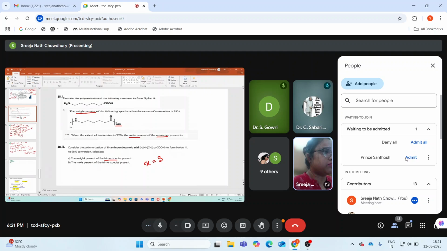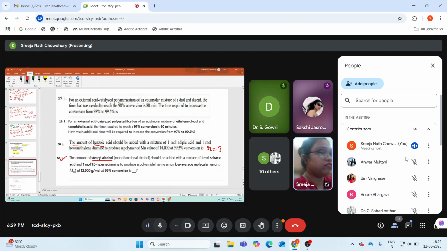So we have to calculate the time to complete the reaction from 98% to 99.5%, and for 98% conversion it will require 80 minutes. So let's start.